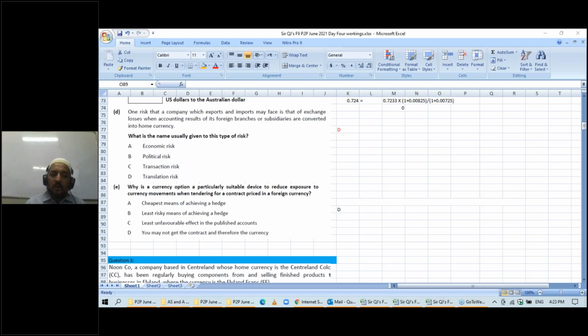So obviously, this cannot be the most suitable one. What's the question asking? Why is a currency option a particularly suitable device? They are asking what could be the most suitable one, right? So I've given you the most suitable answer here. The word was important there.